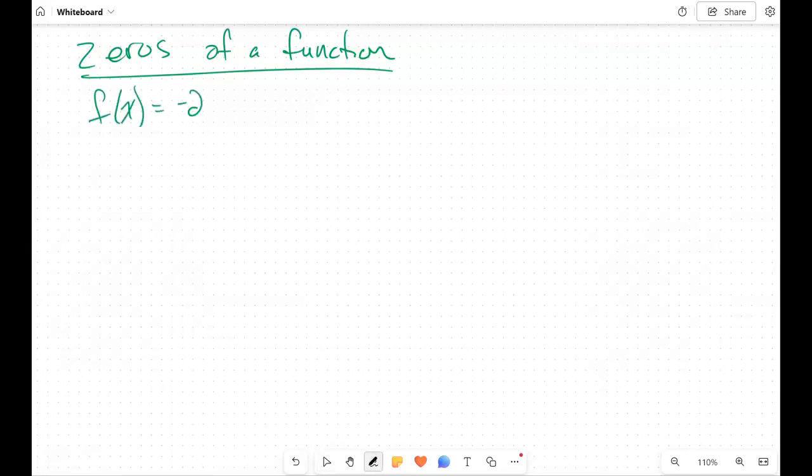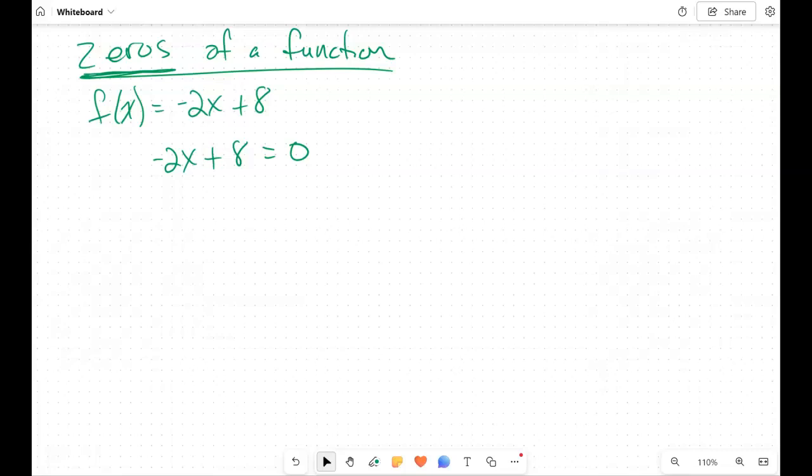So let's suppose we have this function negative 2x plus 8. Whenever we're talking about zeros of a function, we're actually talking about what would make this function equal to 0. So in other words, I'm looking at, hey, what would make negative 2x plus 8 equals 0.